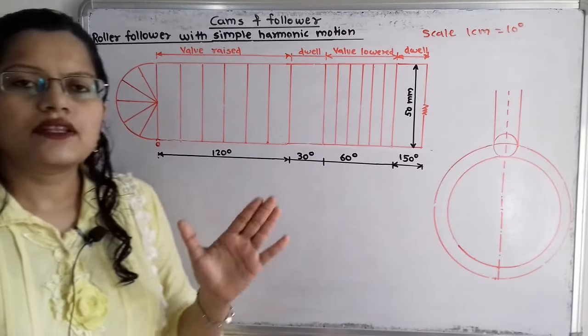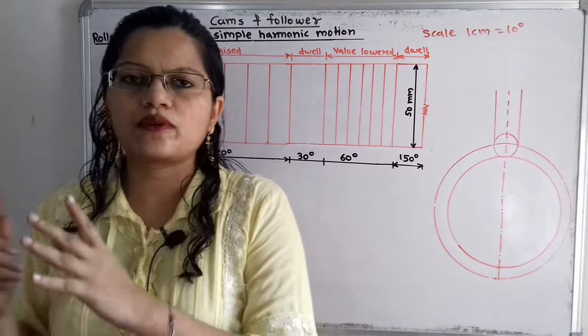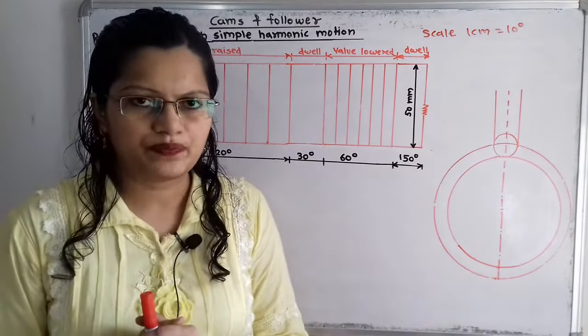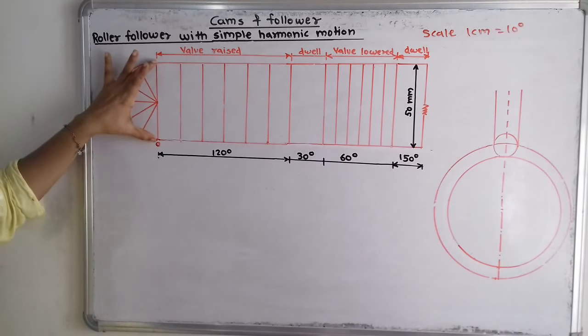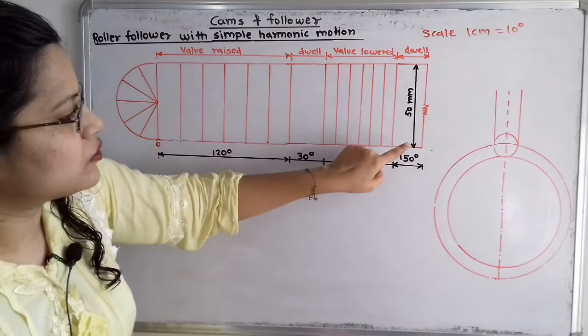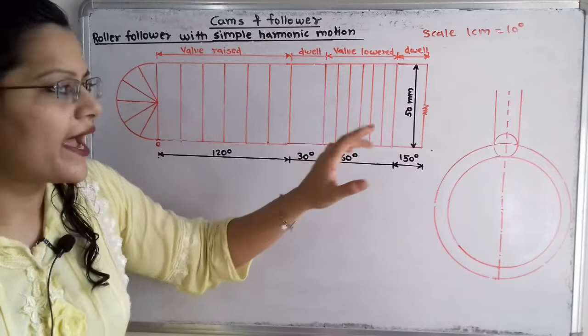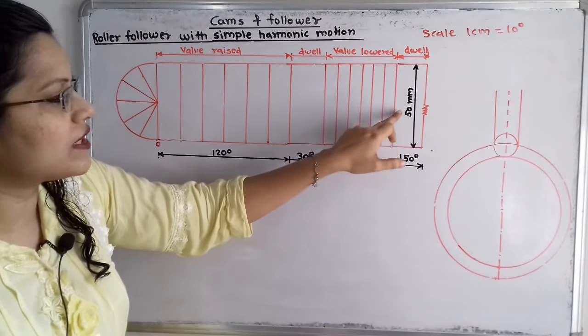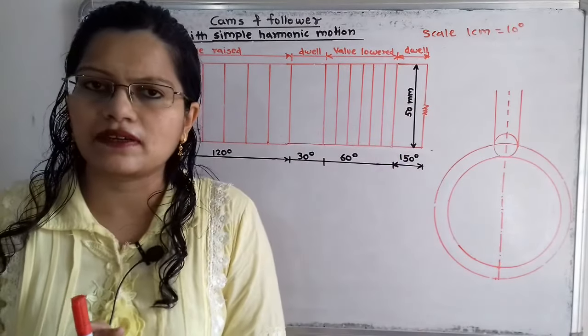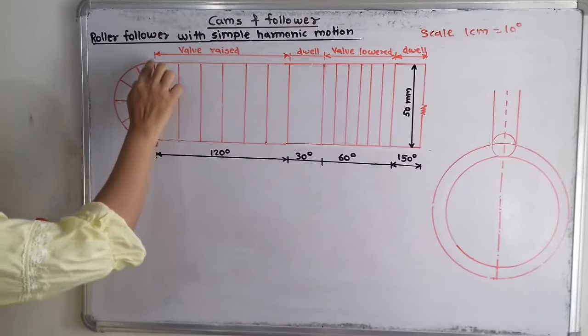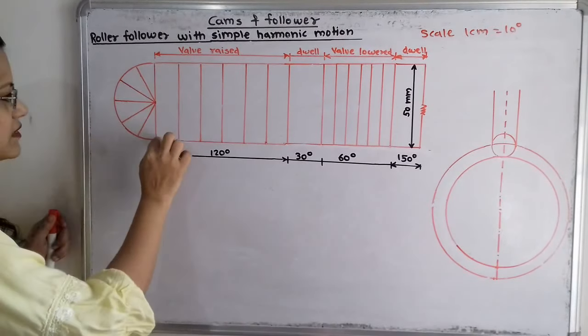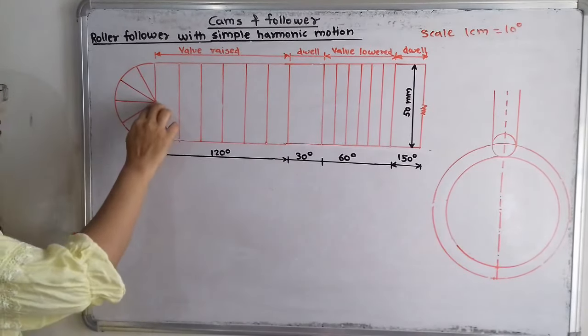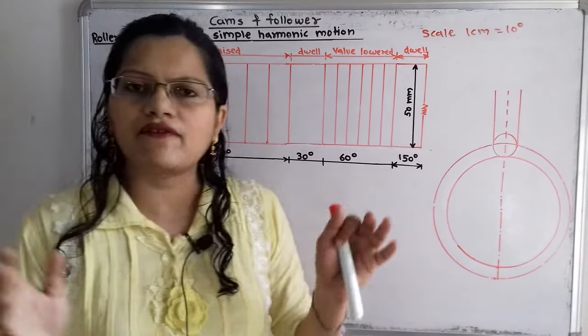Now here the motion is simple harmonic motion. So we have to draw on the left hand side one semicircle with a diameter equal to the stroke length. On this ordinate, or y-axis, we have to take the stroke length, which is given as 50 mm. With this stroke length we draw one semicircle, and taking its center we have to make some equal parts.